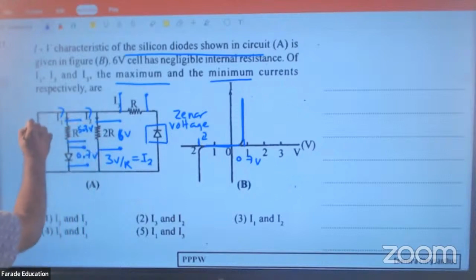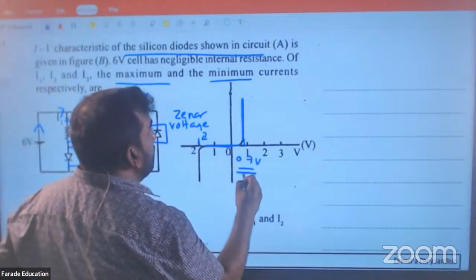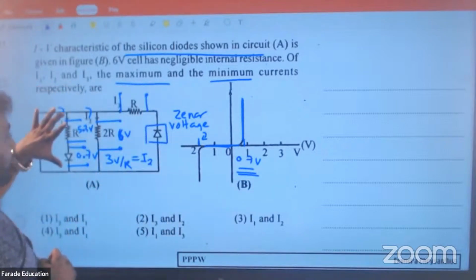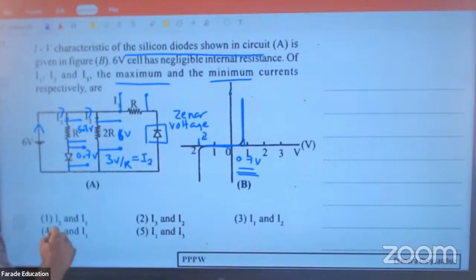So here the voltage is 5.3 volt. Why? Here 6 volt means here 6 volt. Forward bias diode drop is 0.7, remaining across the resistor. Clear, no? Here 0.7 volt silicon. So 6 volt here, 6 volt here. The voltage will divide: 0.7 across the diode means 5.3 across the resistor.